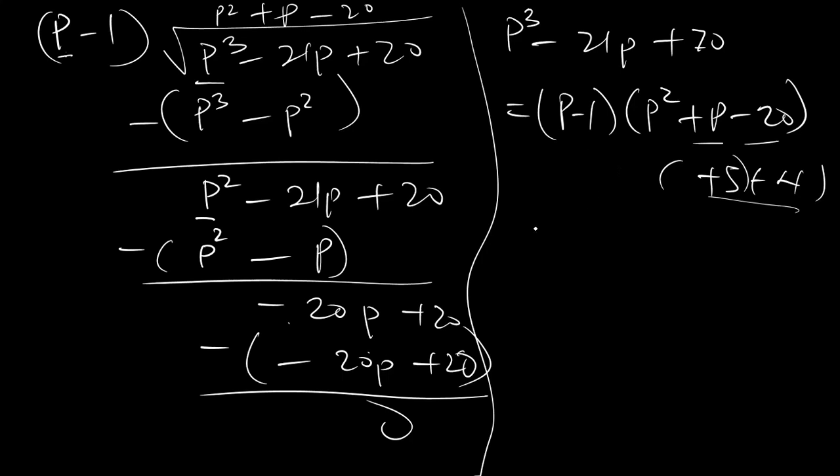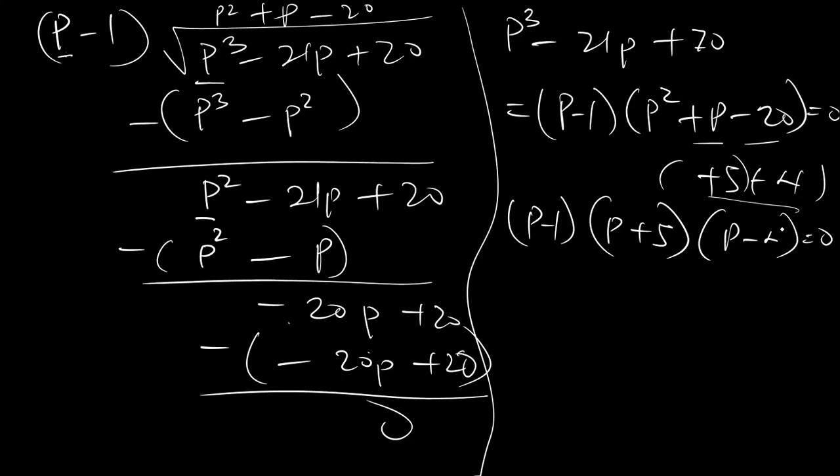So now you have p minus 1 into p plus 5 into p minus 4 equal to 0. So now these are the factors. So that means p is either equal to 1, minus 5, or 4.